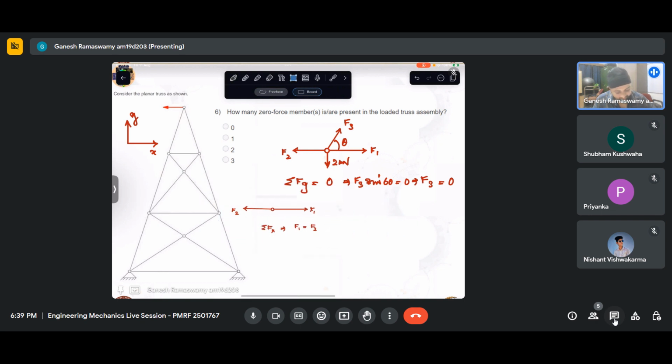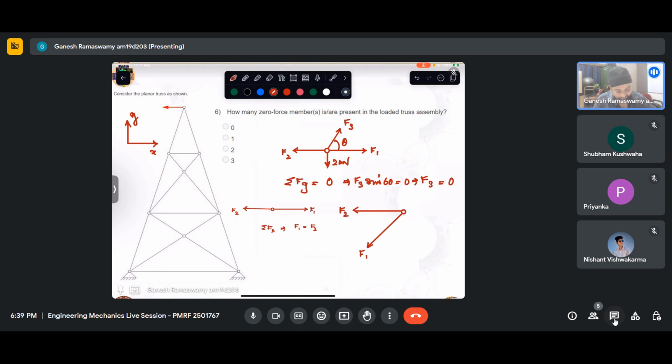However, things are not so when we have a joint which is not loaded and has, let us say, this case. If I have the force system like that, such that the joint is not loaded, and I have F1 like that and F2 like that.